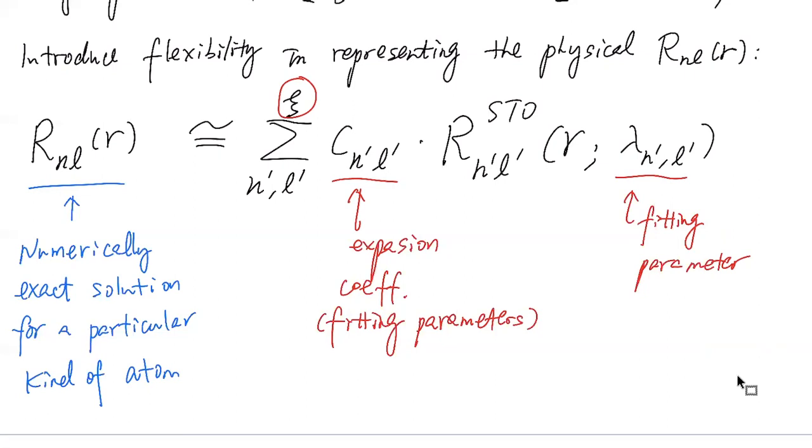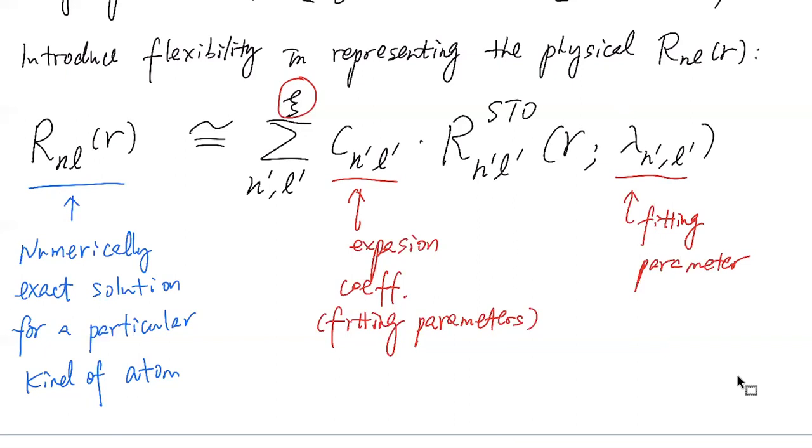If you want to use 6, 8, or even 10 terms, maybe your result will be better and better because you are introducing more and more flexibility, or more fitting parameters. Then you can get a better fit, a higher quality of your basis.